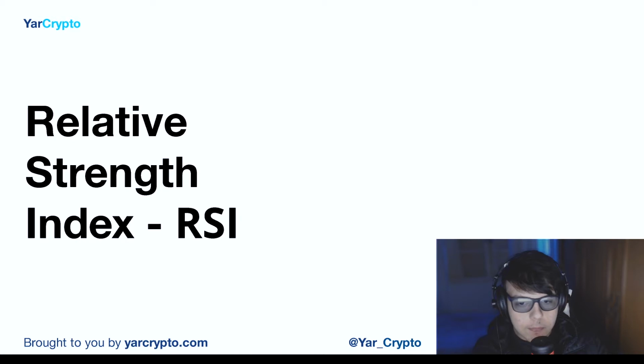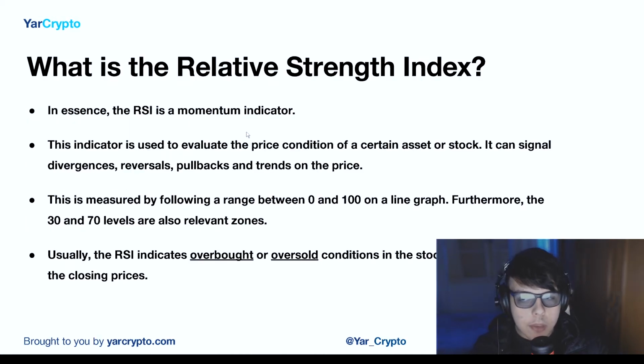So let's start. First of all, what is the Relative Strength Index? In essence, the RSI is a momentum indicator. It measures how the price is doing, the momentum of the price, and this indicator is used to evaluate the price condition of a certain asset or stock.